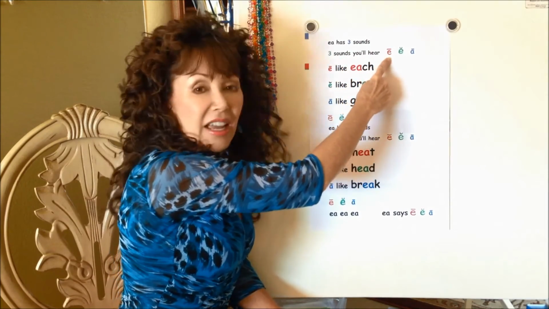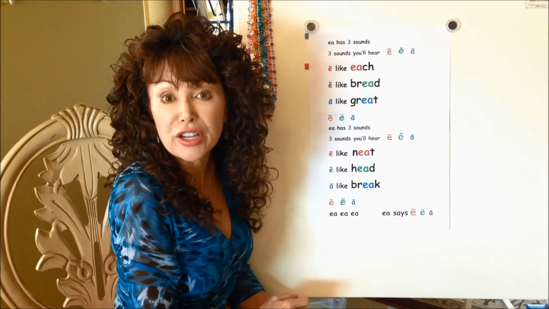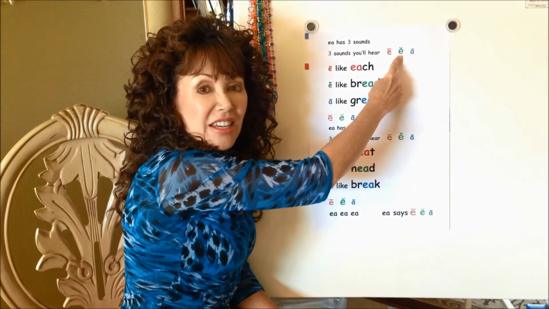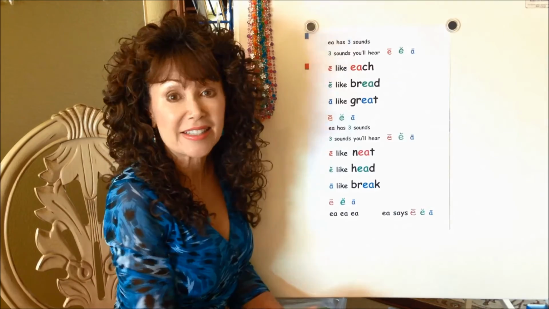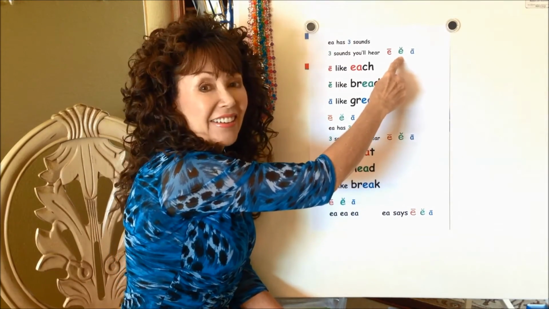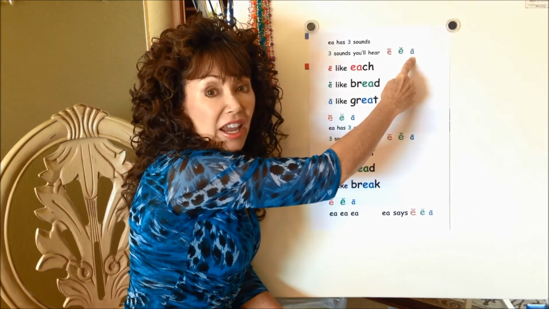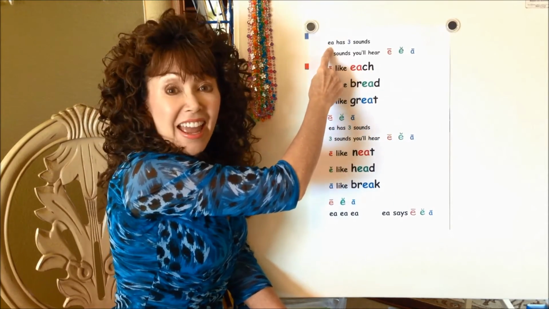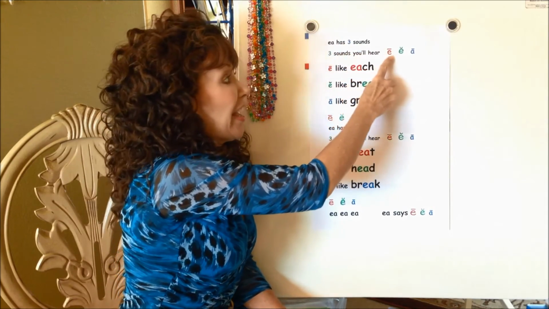And then notice we have the E with a line over it. That's the long E sound. E. Then we have the E with the little happy face on top. That's the short E sound. Eh. And then we have the A with the line on top. That's the long A sound. A. So it goes, EA has 3 sounds you'll hear.